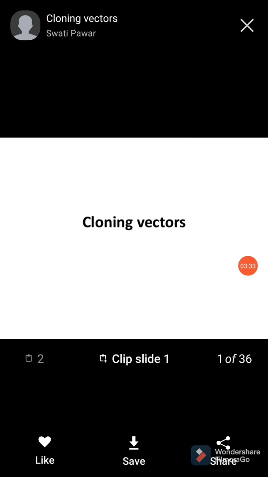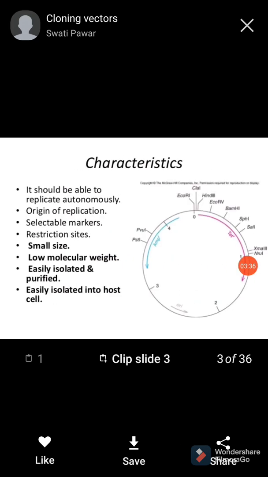We will come to the characteristic features later on, but what is common to all the engineered vectors is an origin of replication. It should also contain a multi-cloning site and a selectable marker. The origin of replication is needed for replication to begin.